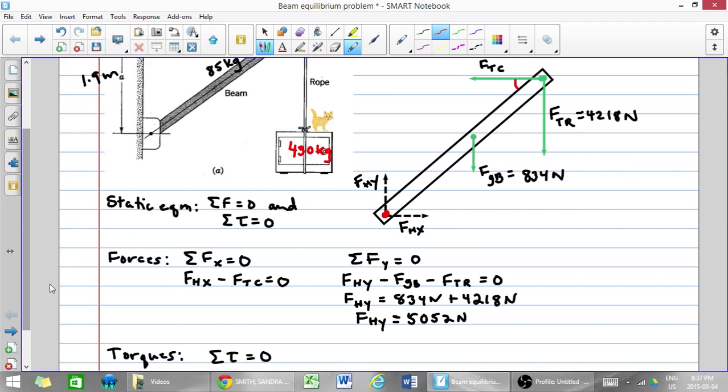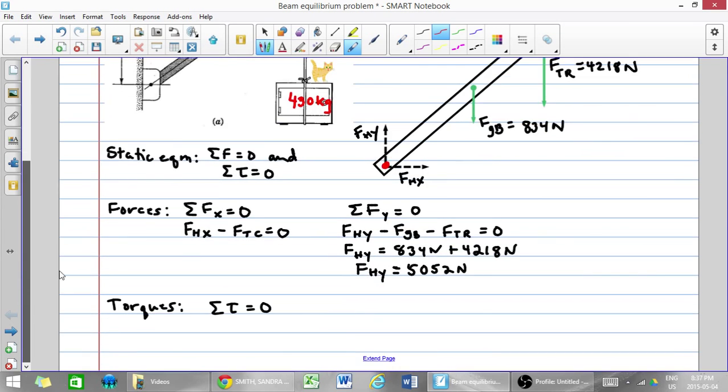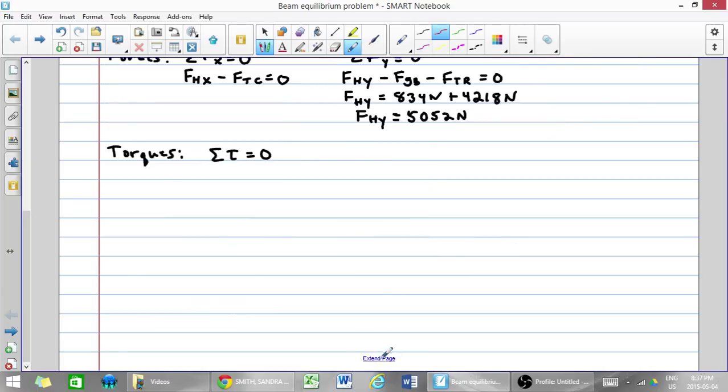And I want to demonstrate this with a little proof. We'll just do this off to the side. Okay, this is your pivot point. That's your beam. And this is your force. This is R. This is theta.